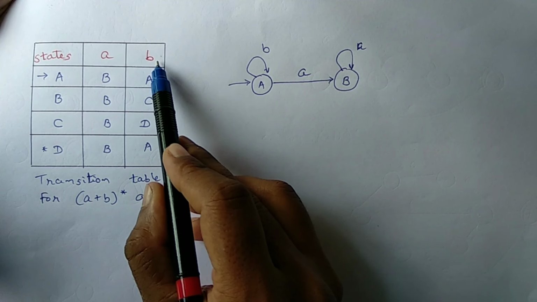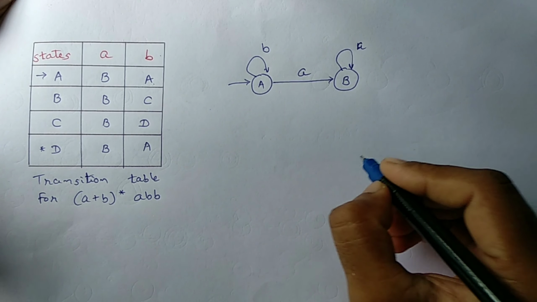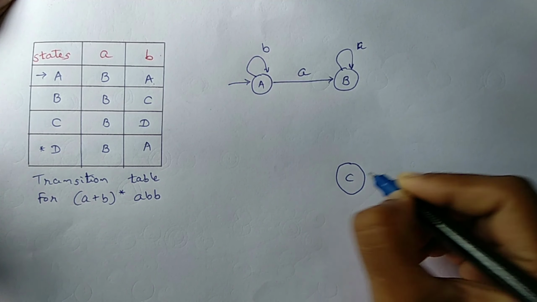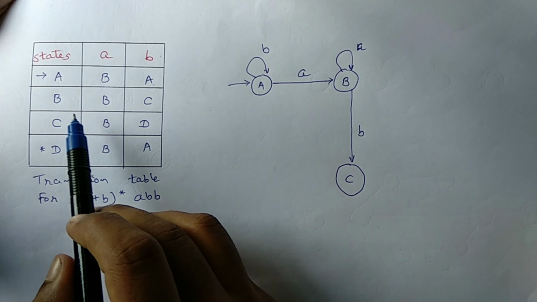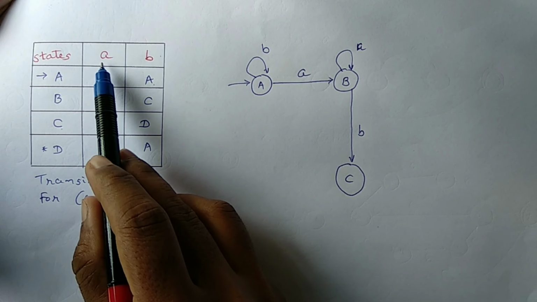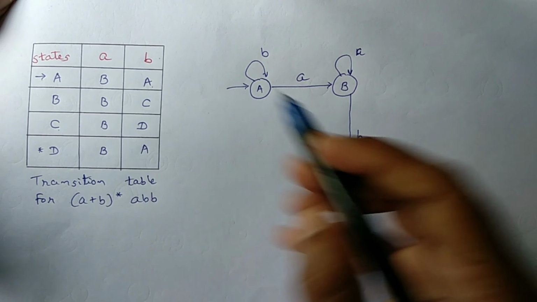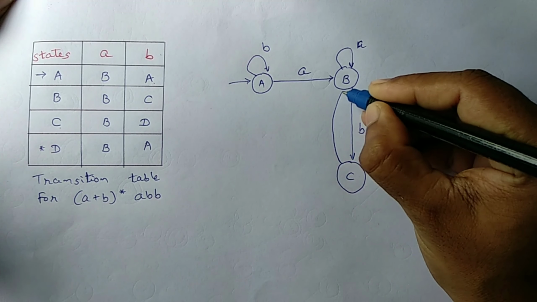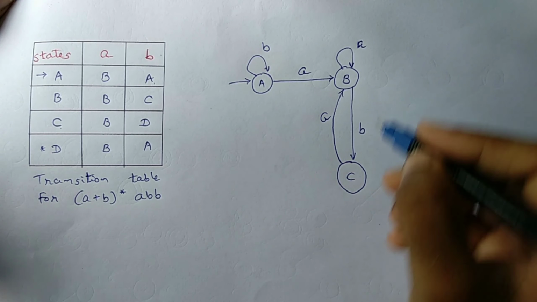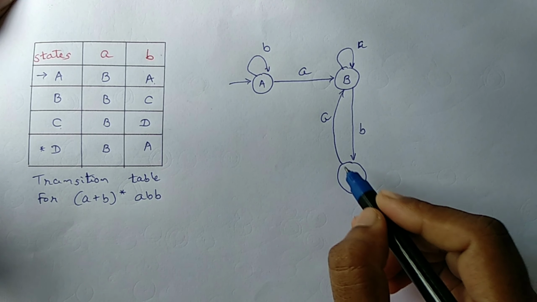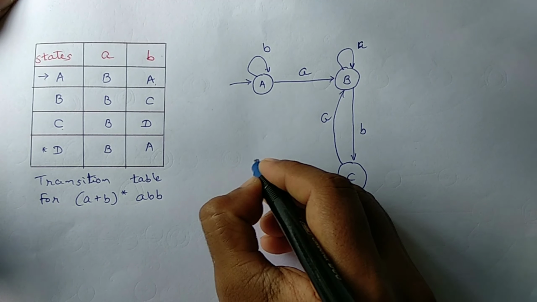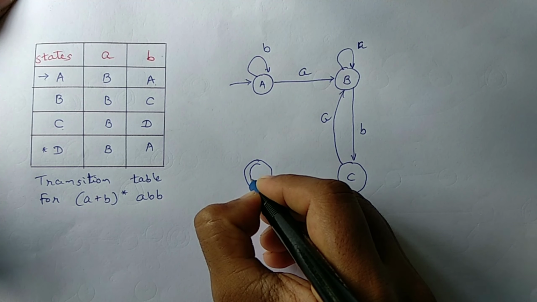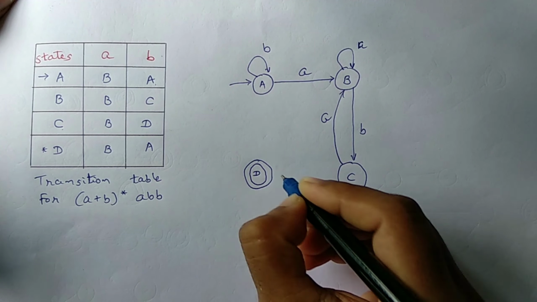B to B reaches state C. Next, C to A reaches state B. C to B reaches state D, which is your final state, so it is indicated by a double circle.